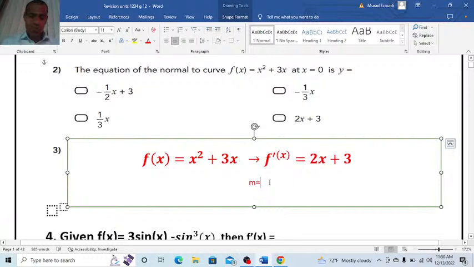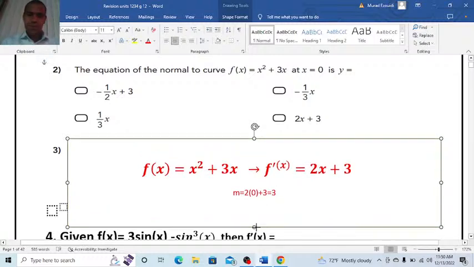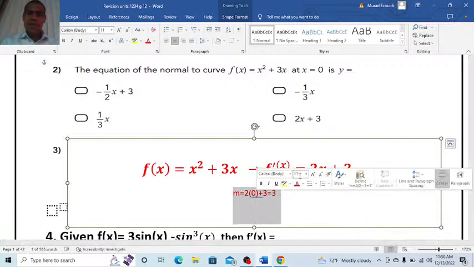So it will be 2 times 0 plus 3. So this one, my learners, is equal to 3. Therefore the gradient now is 3.